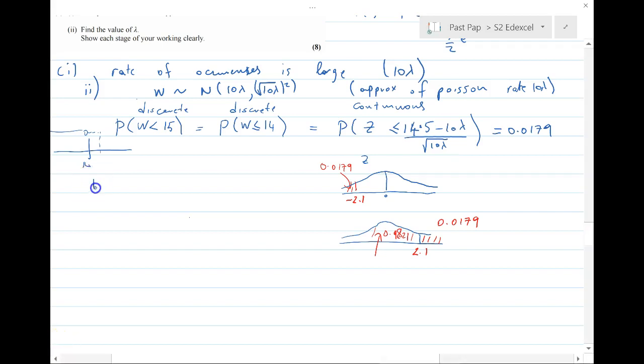So here we go, 14.5 minus 10 lambda over the square root of 10 lambda equals minus 2.1. Okay, let's multiply that out. We've got 14.5 minus 10 lambda equals minus 2.1 times the square root of 10 lambda.